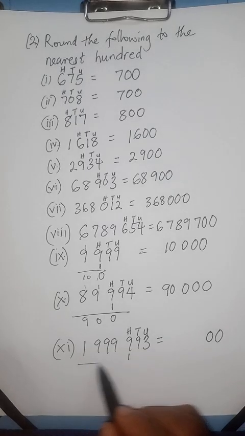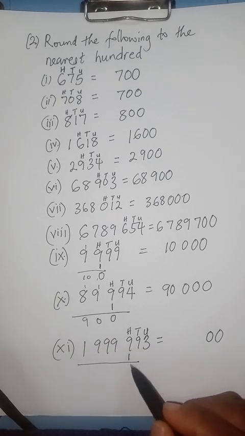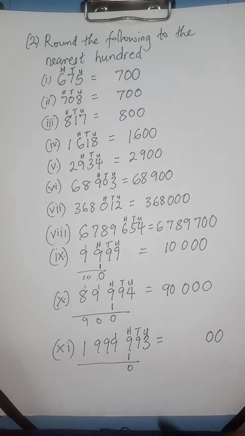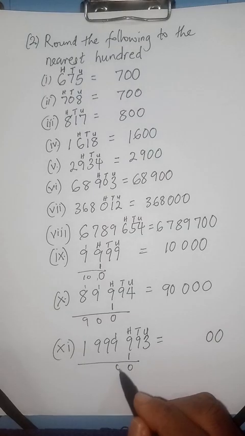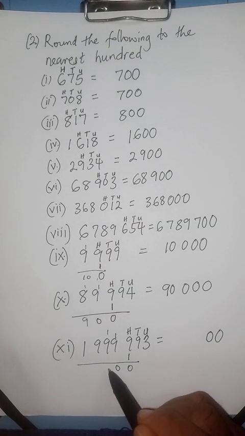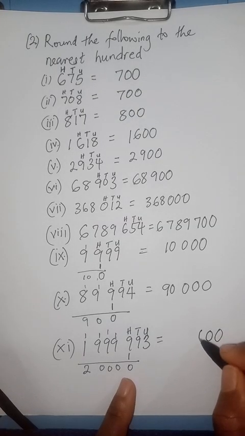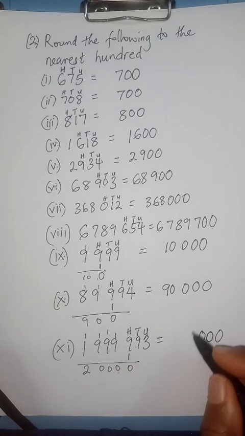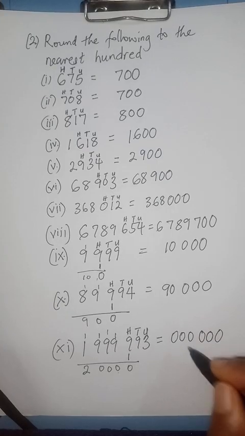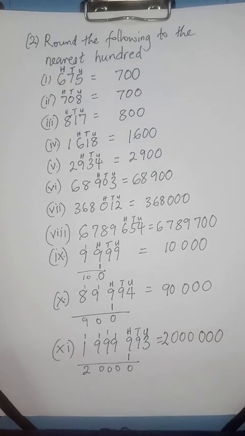Now at this point, you have to do this so that you're not confused. 9 plus 1 is 10, you take 1 to the other digits. 9 plus 1 is 10, take 1 to the other digits. 9 plus 1 is 10, take 1 to the other digits. 9 plus 1 is 10, take 1 to the other digits. 1 plus 1 is 2. So you look at the digits you're going to write: 0, 0, 0, 0, and 2. So you have 2 million. That is the answer to the question.